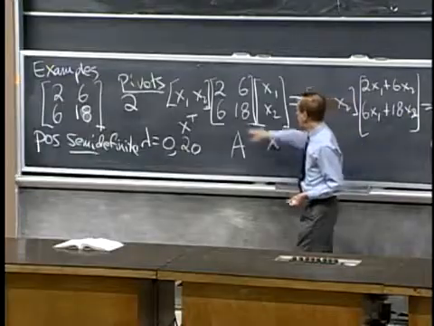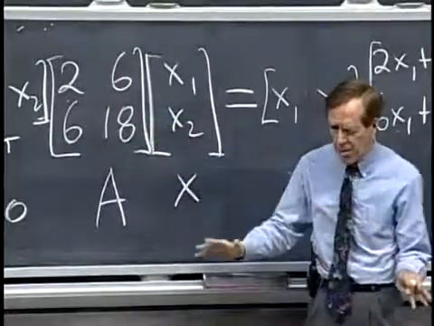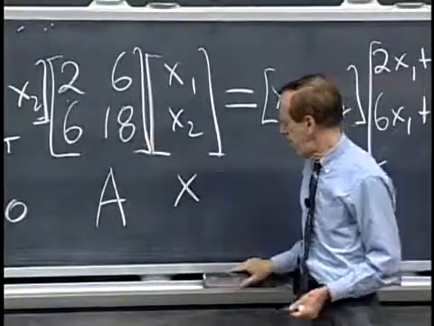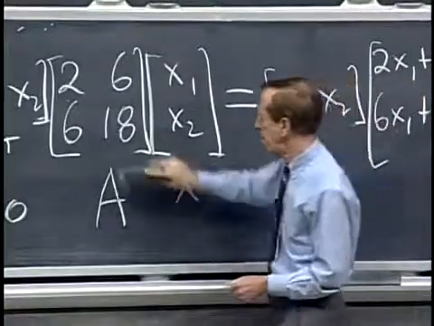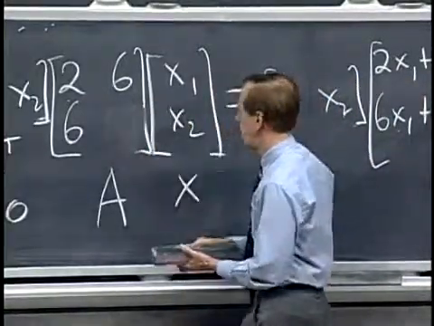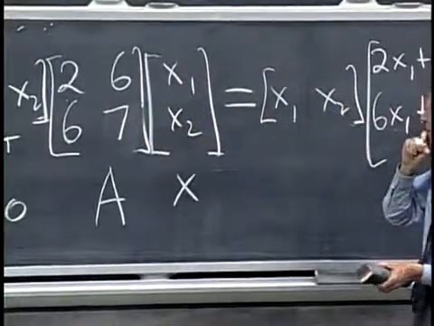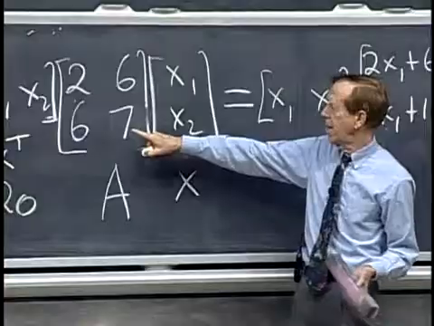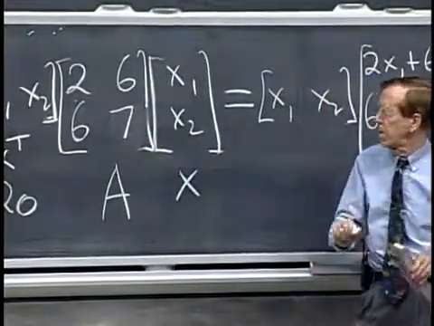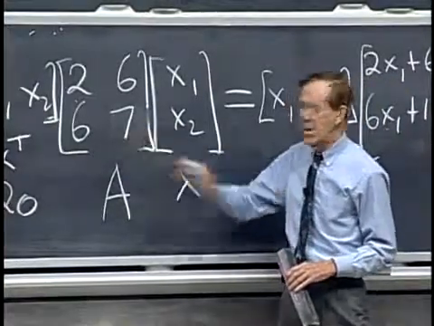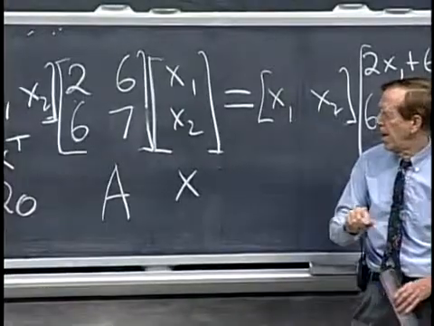If I had made this 18 down to a 7, it would have totally failed. Can I do that with the eraser, and then I'll put back 18, because 7 is such a total disaster that I'll keep 7 for a second. Is that thing in any way positive definite? No, absolutely not. I don't know its eigenvalues, but I know for sure one of them is negative.